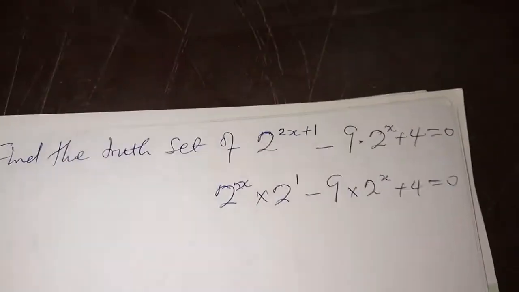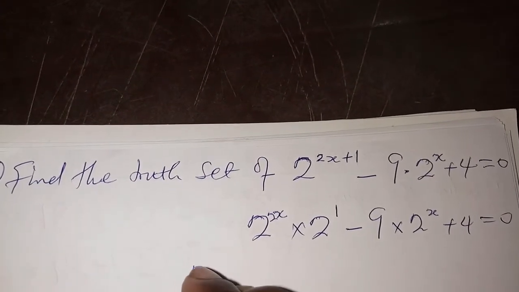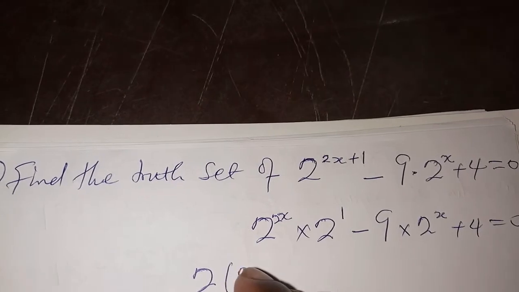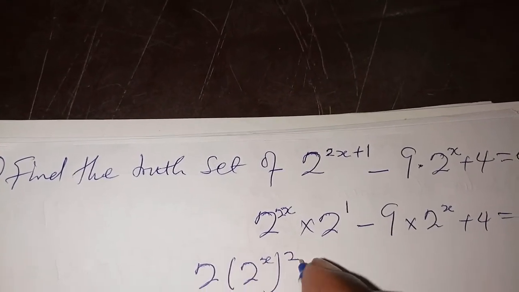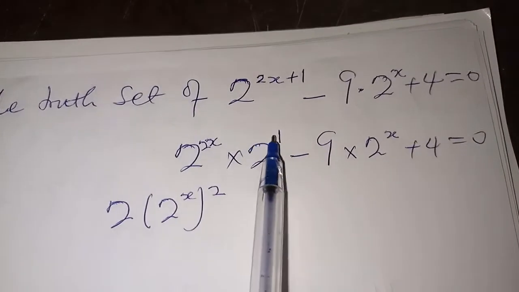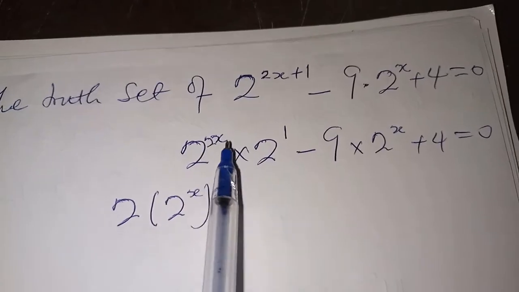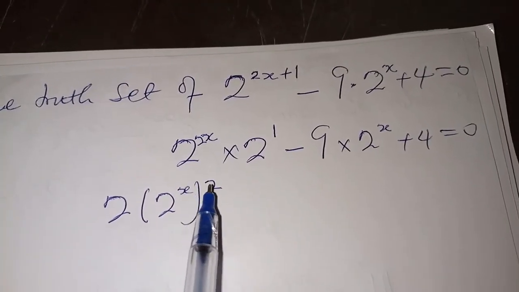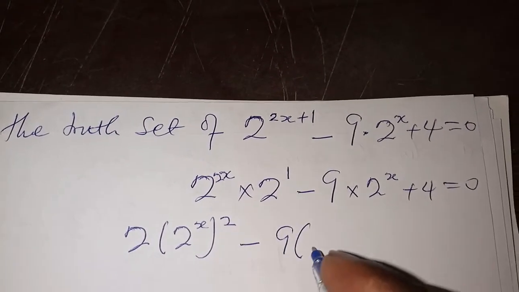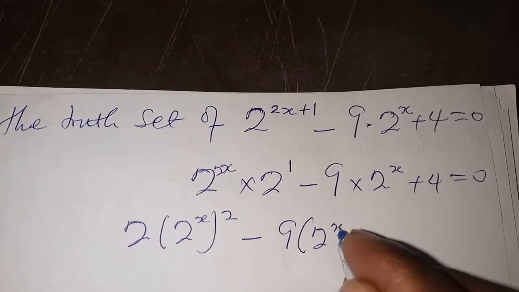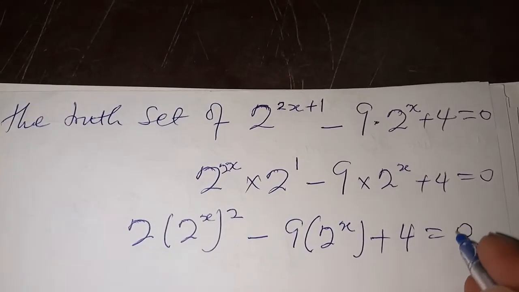So this will give us 2 times (2^x) squared. I just brought these two down as a coefficient and I express this one so that I can have my 2^x standing alone. Minus 9 times 2^x plus 4 equals 0.